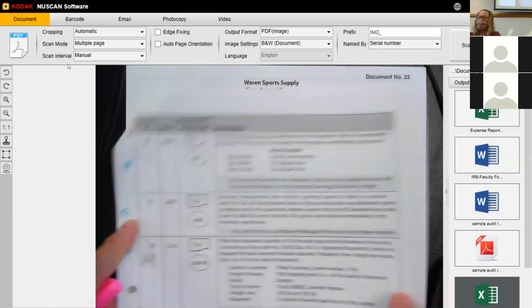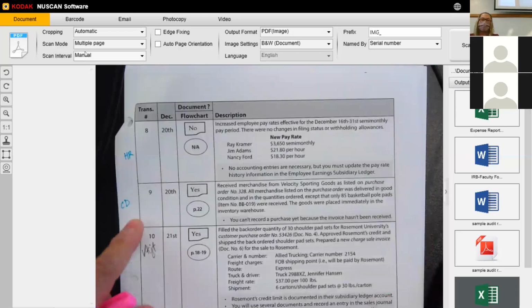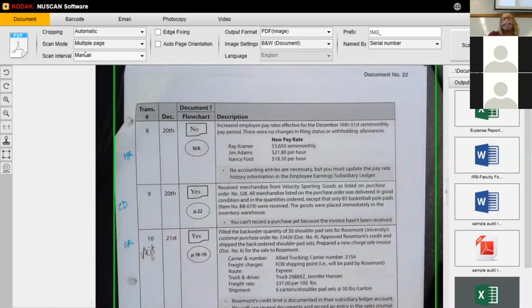Transaction number 8 says on December 20th, we increased our employee pay rates effective for the second pay period of the month, which is the one we'll do in the second payroll transaction. And there were no changes in filing status or withholding allowances. It gives you a hint, no accounting entries are necessary, but you must update the pay rate history information in the employee earnings subsidiary ledger.